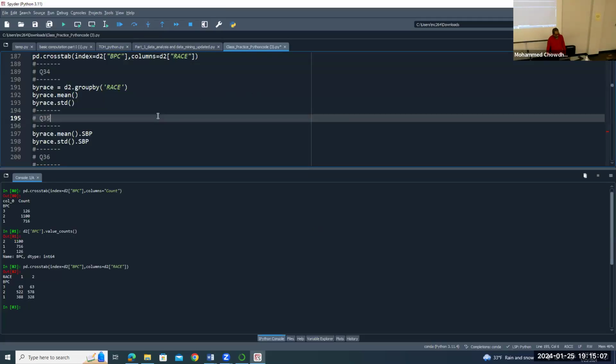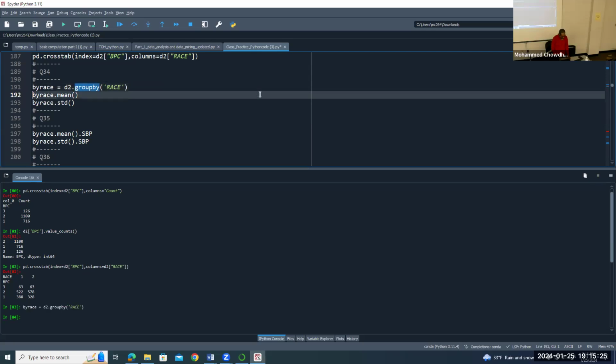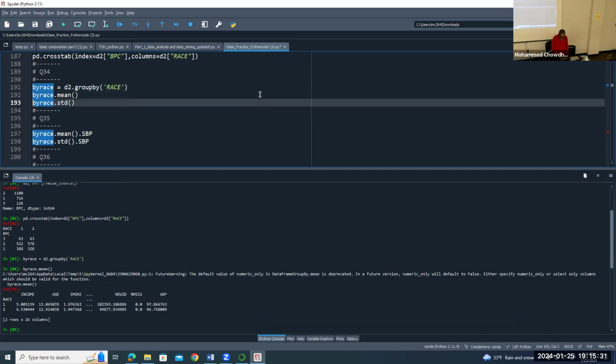Now I want to find, for each of the quantitative variables, the mean for race 1 and race 2 for the entire data frame. In order to do that, I first need to run 191, and then after running this one, I have to run this.